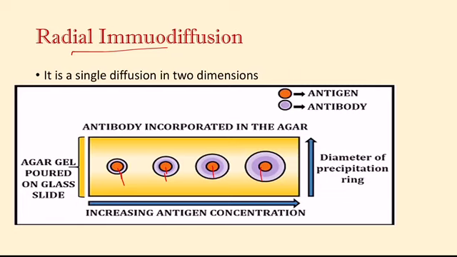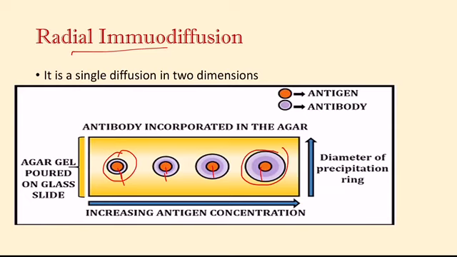Now the antigen diffuses radially in all directions from the well, and it forms ring-shaped bands of precipitation around the well. The diameter of the halo gives the concentration of the antigen. The greater the amount of the antigen, the farther the ring from the well.